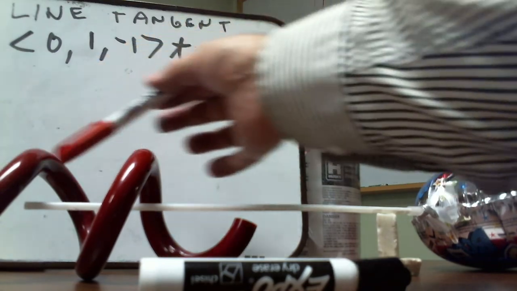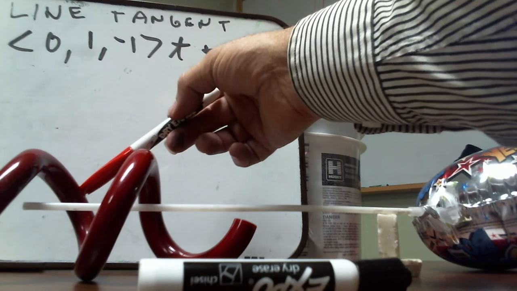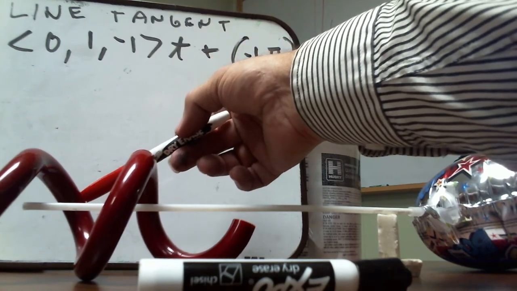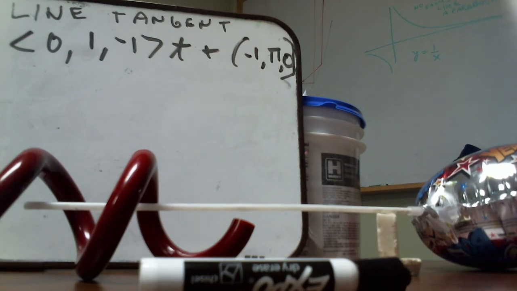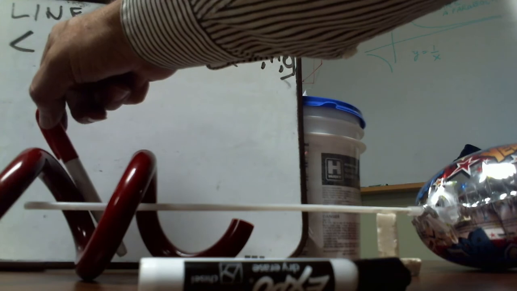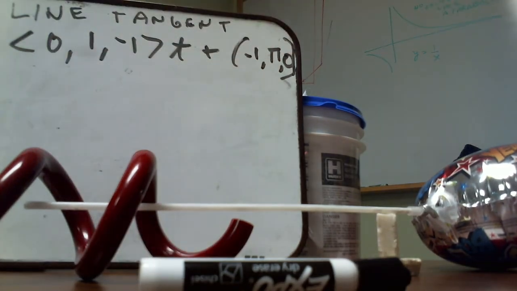Pi on the y, I've come out this far from the z-axis. And 0 on the z, meaning I'm not up or down on the z-axis. So I can see this vector. It's this little guy that's tangent there at the point of tangency. So that's what's going on with vector functions as curves.